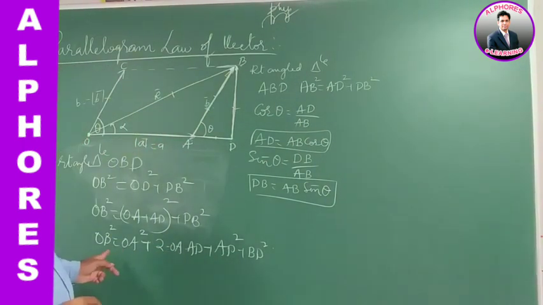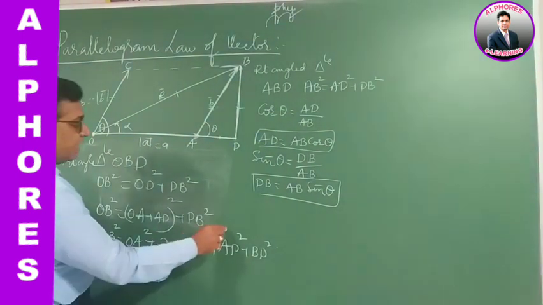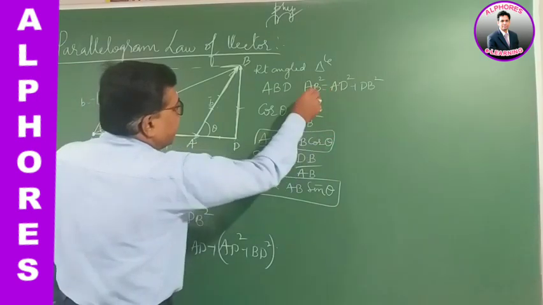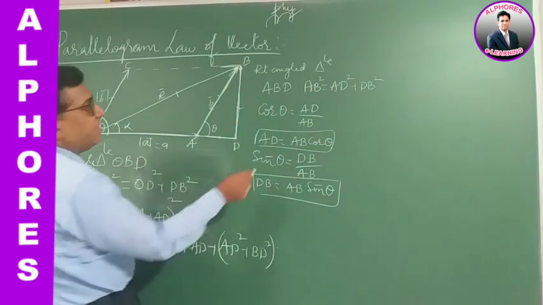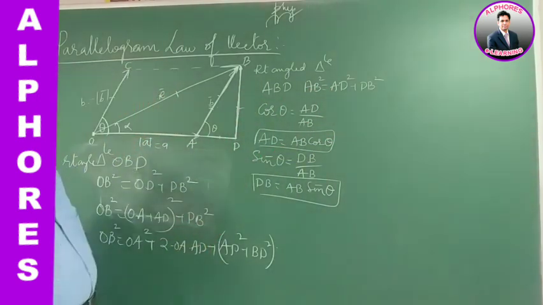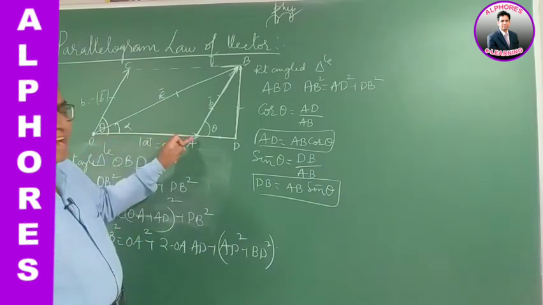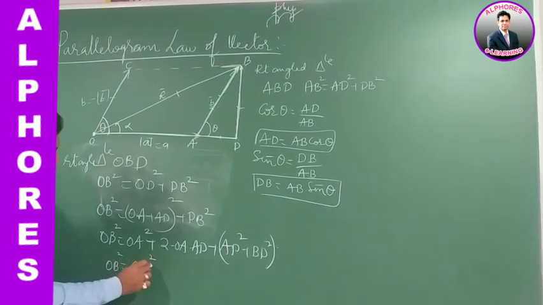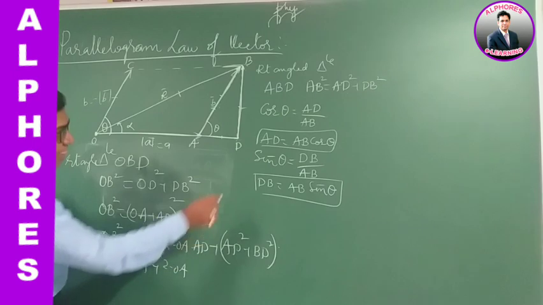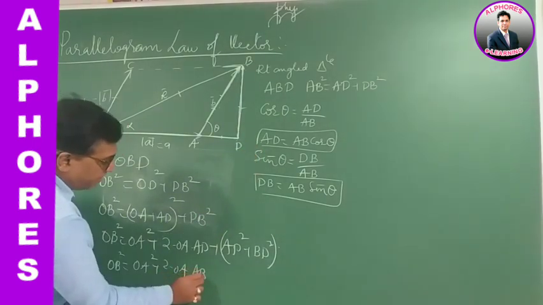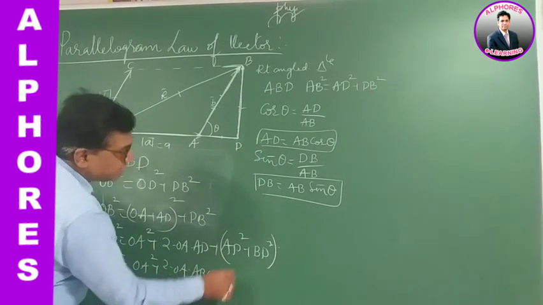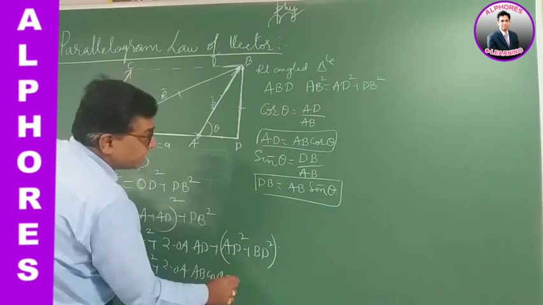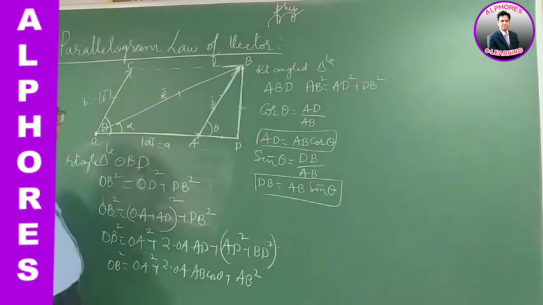Substituting, AD square plus BD square is AB square, and AD is AB cos theta. So I get OB square is equal to OA square plus 2 OA AB cos theta plus AB square.